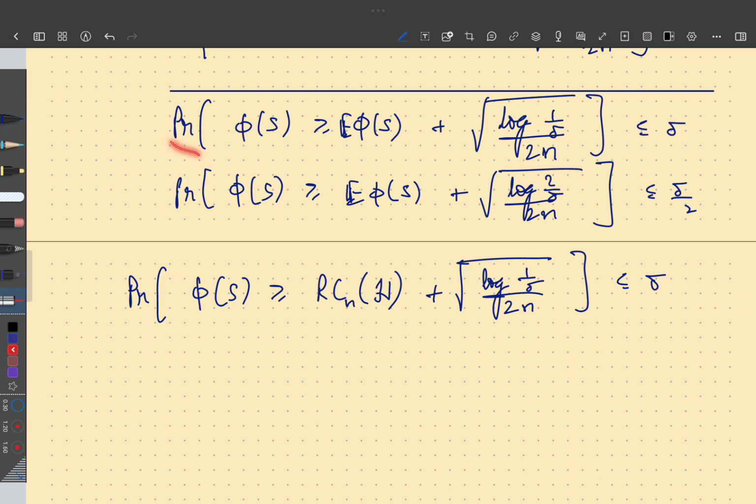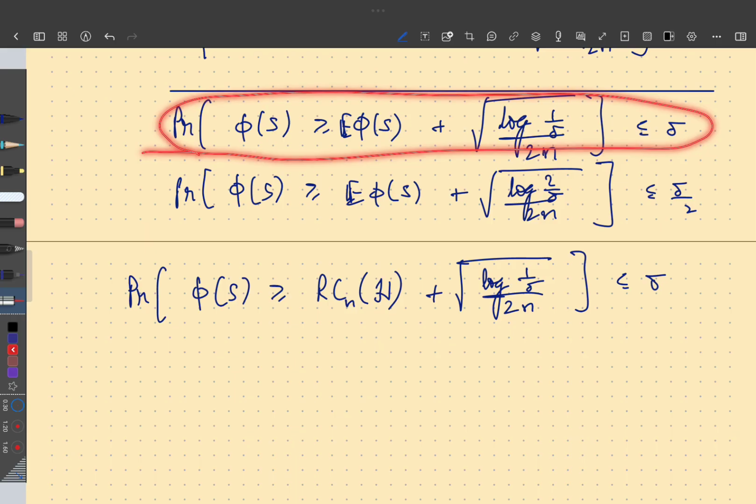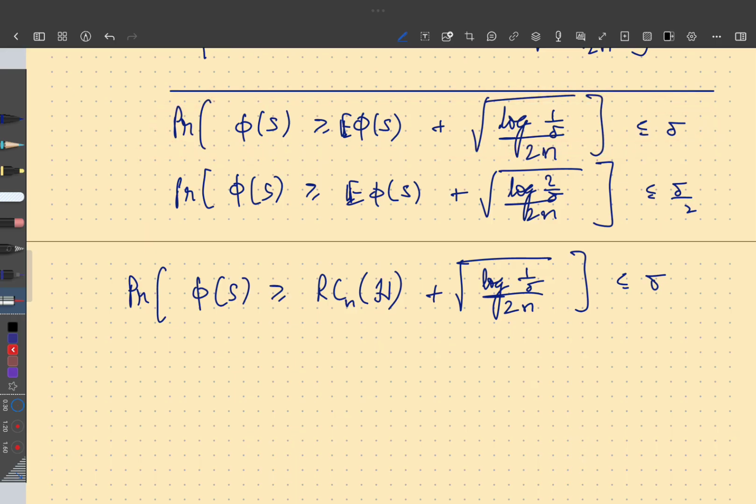All right, I'm just making use of this over here. Therefore if I have, let's say, 2 over here, then I have a delta over 2 here.